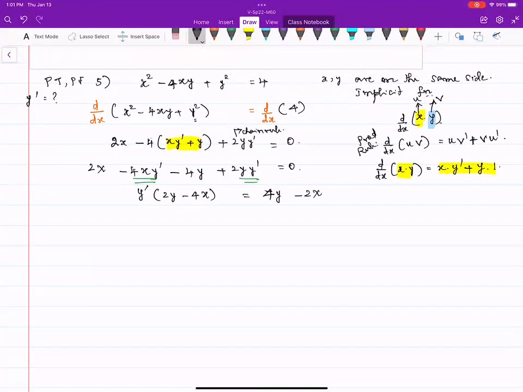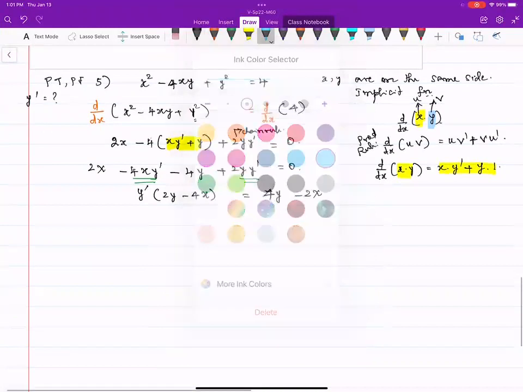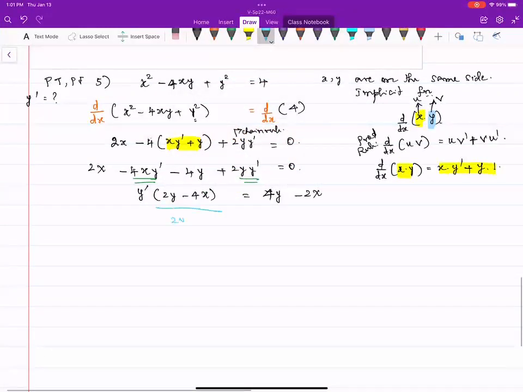Now isolate y prime by dividing both sides by 2y minus 4x. So y prime equals 4y minus 2x over 2y minus 4x.